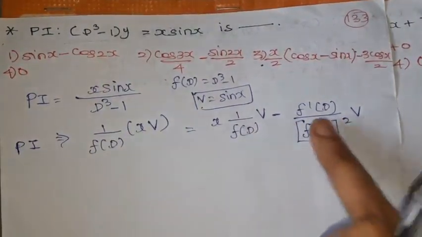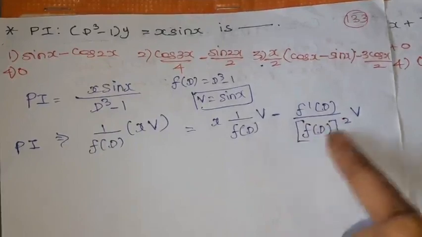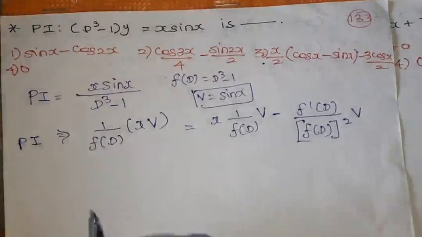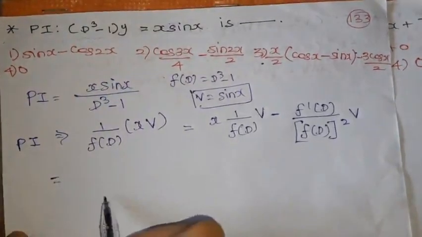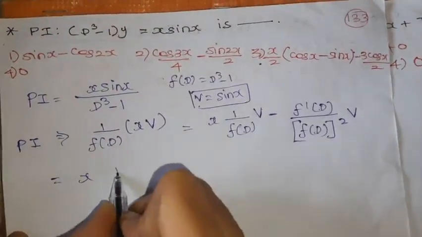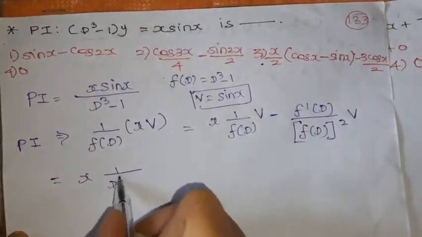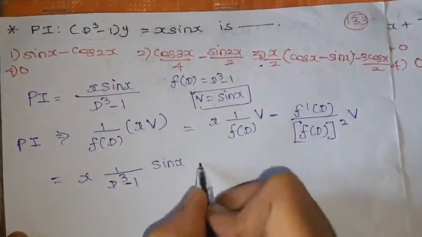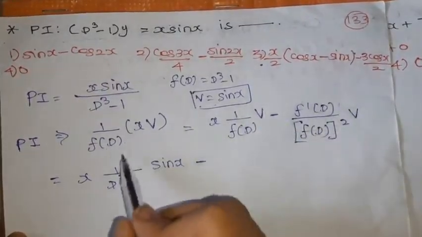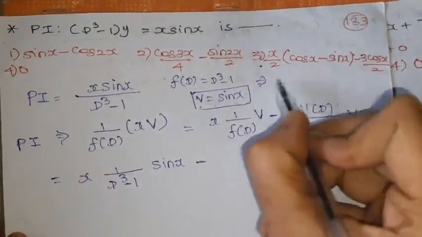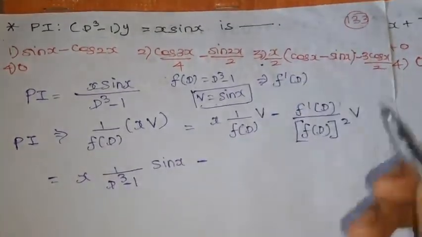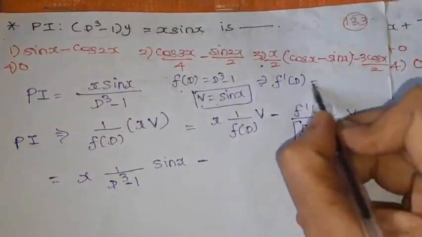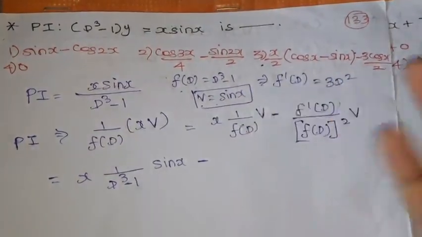In that equation, f dash of D is nothing but the differentiation of f of D, divided by f of D the whole square. We'll see how to solve this. x into 1 by f of D, which is D cube minus 1, into V, which is sin x, minus what is f dash of D? f dash of D is the differentiation of this, 3D squared. 1 is a constant, so we will get 0.